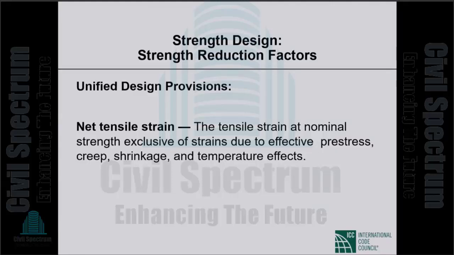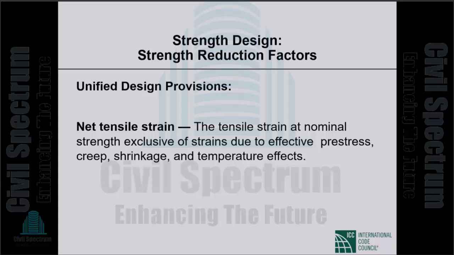Something very, very fundamental to ACI 318 from the beginning of strength design has been that a section attains its nominal strength when the extreme compression fiber concrete strain reaches a value of 0.003. I will repeat.